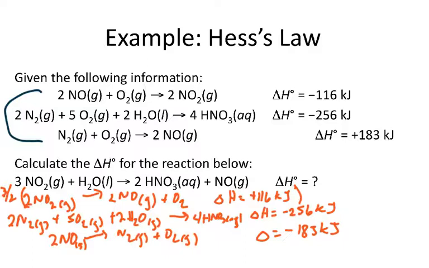So I'm going to indicate what I have now. So 2 times 3/2, now I have a 3 there, and a 3/2 in front of my O2. And then 116 times 3/2 gets me 174 kilojoules.